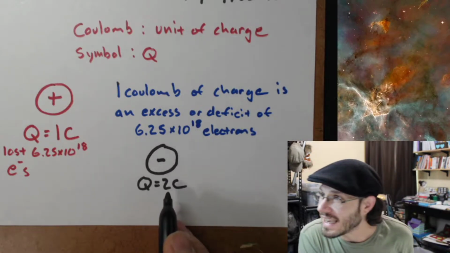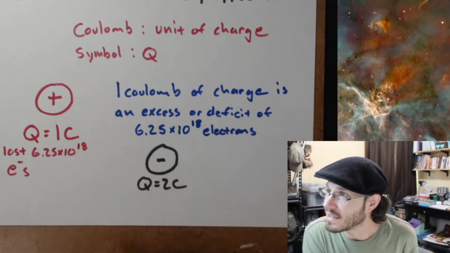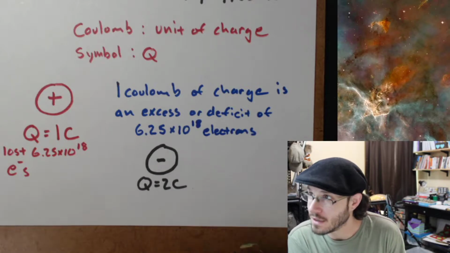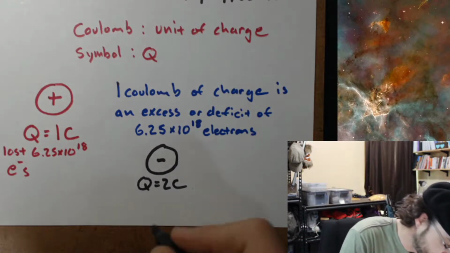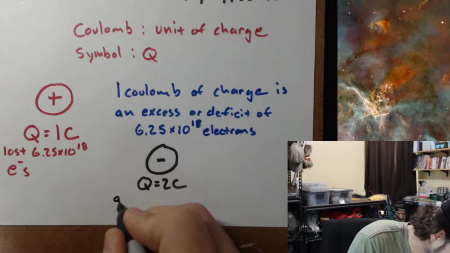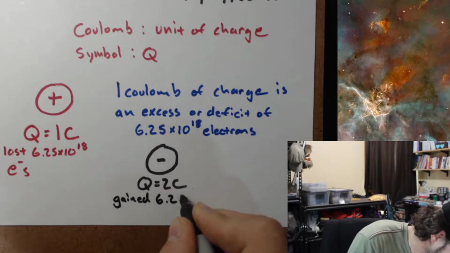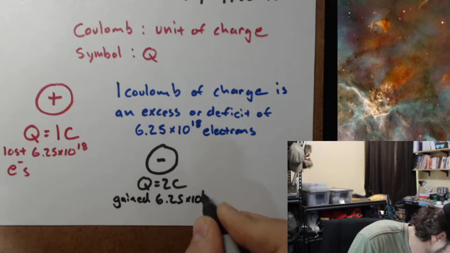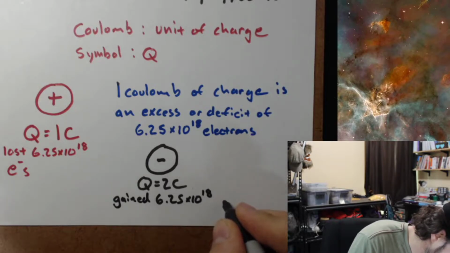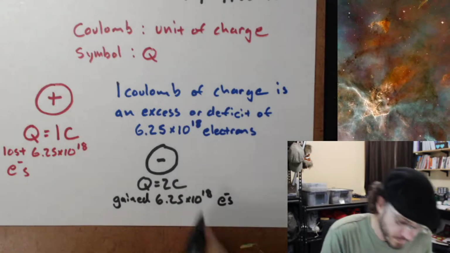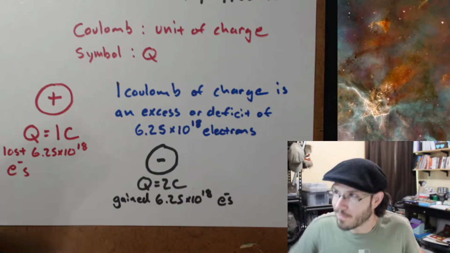And specifically, he gained 2 times 6.25 times 10 to the 18 electrons. And that's all there is to it.